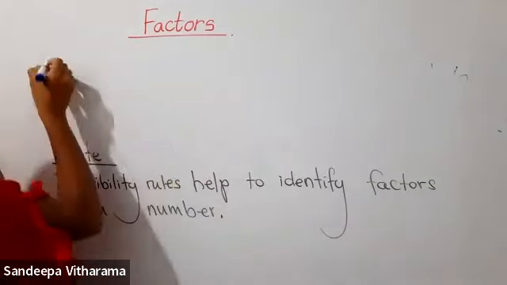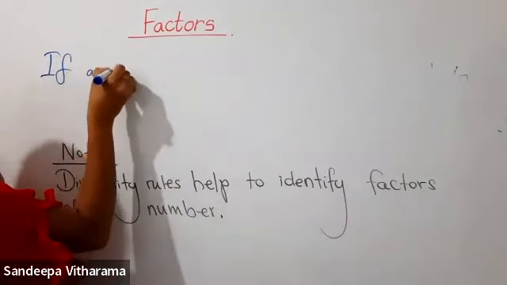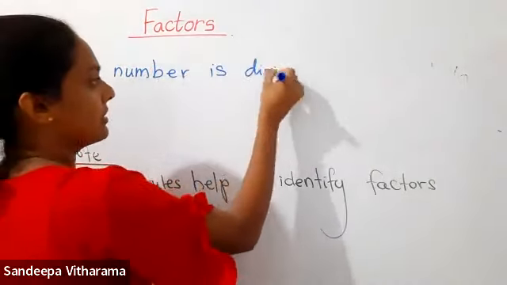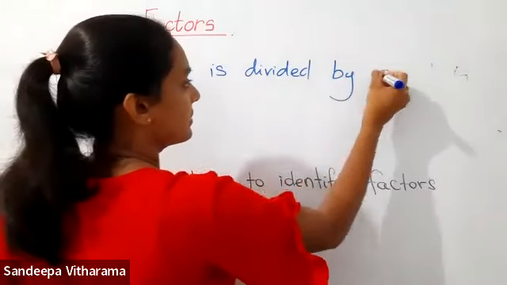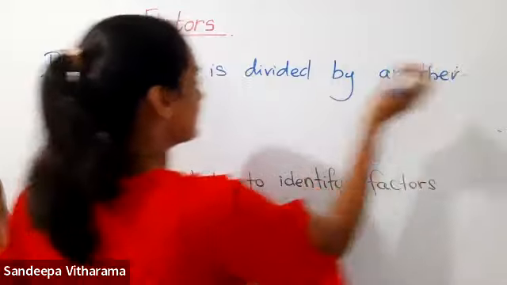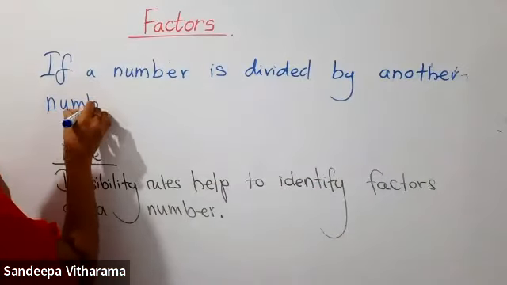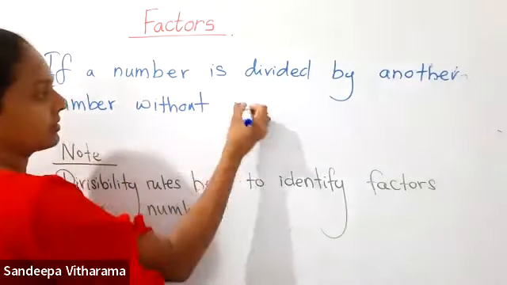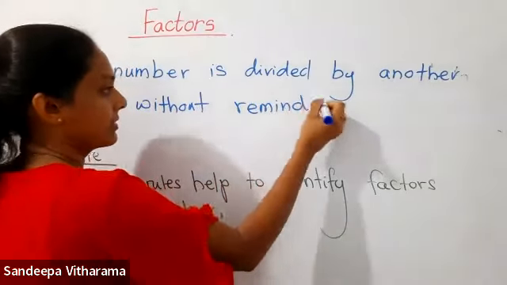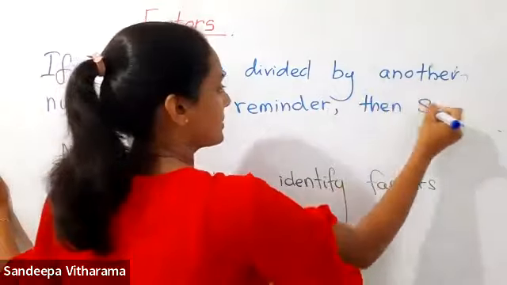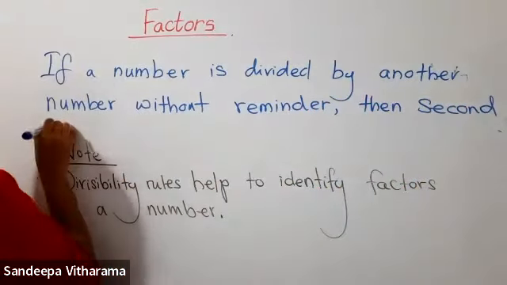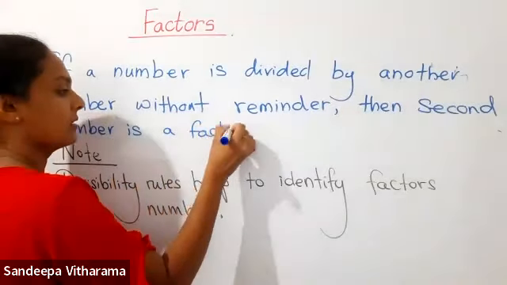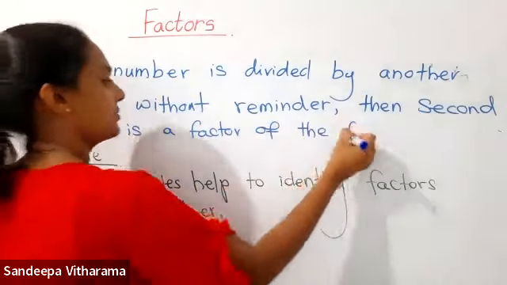The second definition of the factors. If a number is divided by another number without remainder, then that certain number is a factor of the first number.